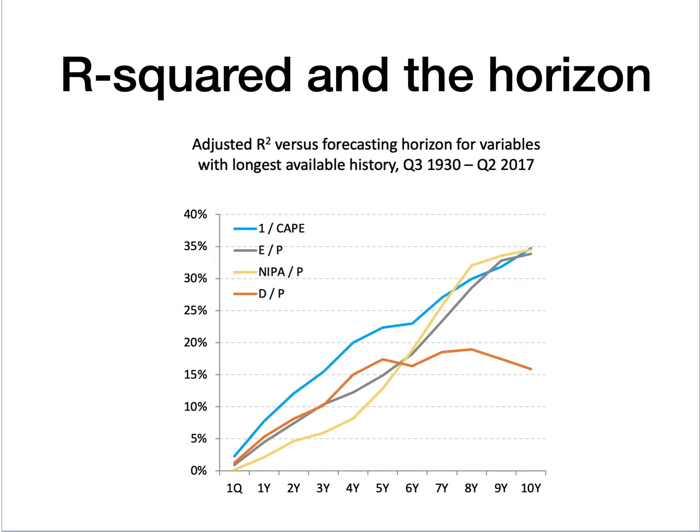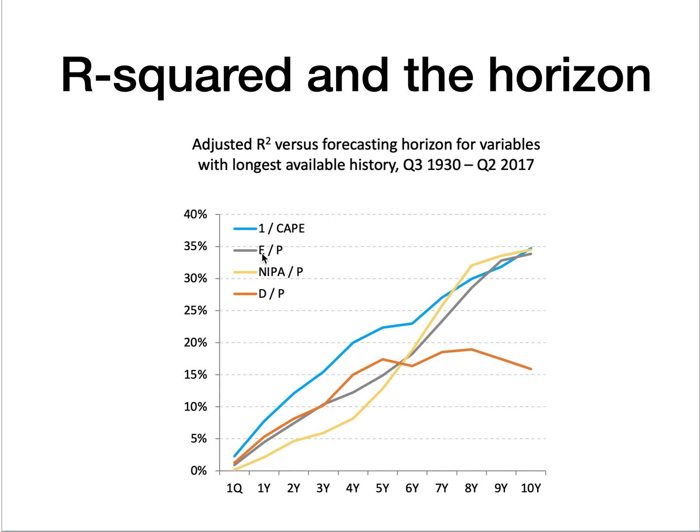And they're actually now showing in this chart, if you use 4 different indicators, 1 over CAPE is like a 10-year moving average of earnings over the value of the market.